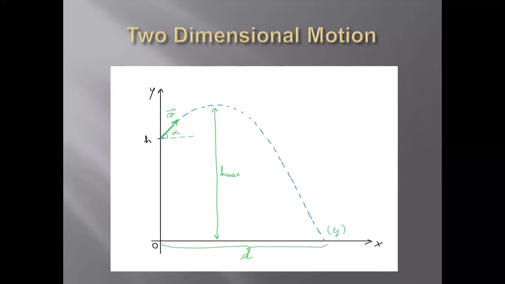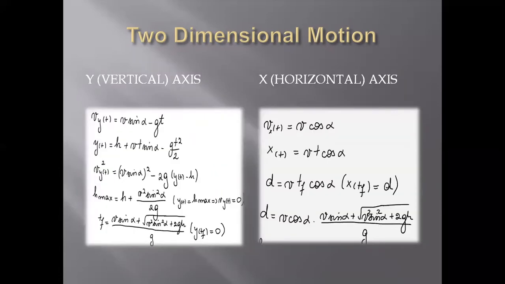For us to find these three quantities, we'll mostly use the last three kinematic equations because they are the most comprehensive and they are the only ones that contain momentary physical quantities. So, as we said, let's split that motion into two parts: what happens on the vertical axis and what happens on the horizontal axis.